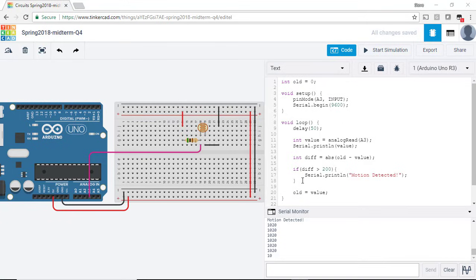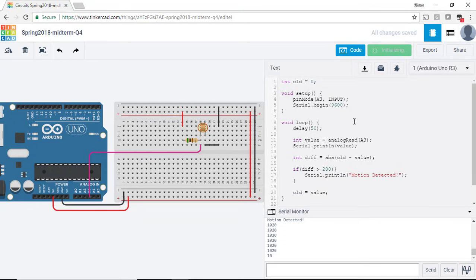I say if that difference is greater than 200. And if you wanted to be exact, it should probably be more like 204, right? It's 1023 divided by 5, right? But I said, if it's greater than 200, you have a 1 volt change. And if that happens, go ahead and tell the user, Serial.println, that motion was detected. I'll run that here in a second and look at the serial monitor, but then I reassign old the current value. And I go through the loop, and every 50 milliseconds I make this comparison.